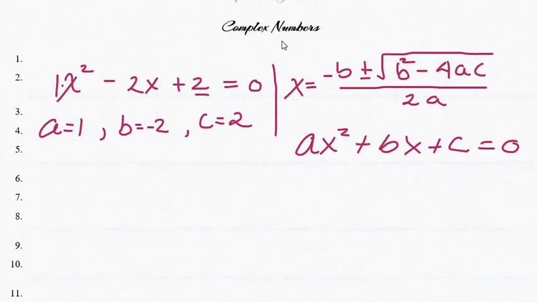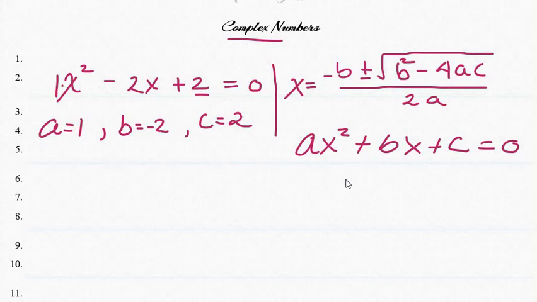Because this section was over complex numbers, I'm going to bet that what's under this radical right here is going to be less than 0. In other words, it's going to be a negative. And this is known as the discriminant. So let's take a look at that.